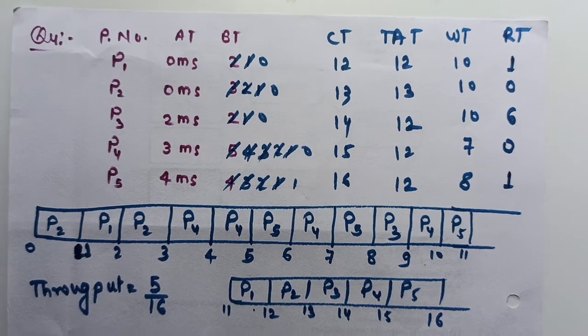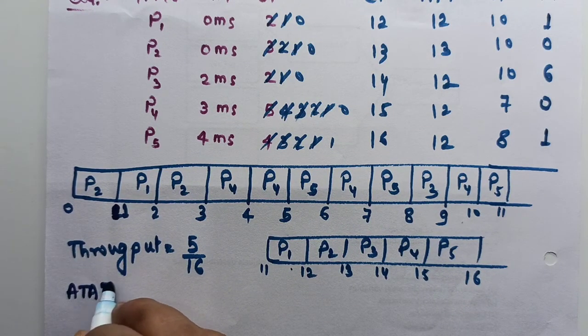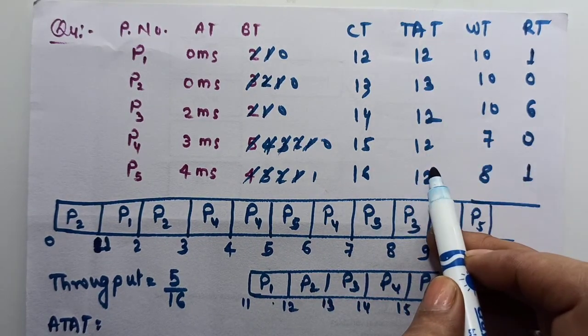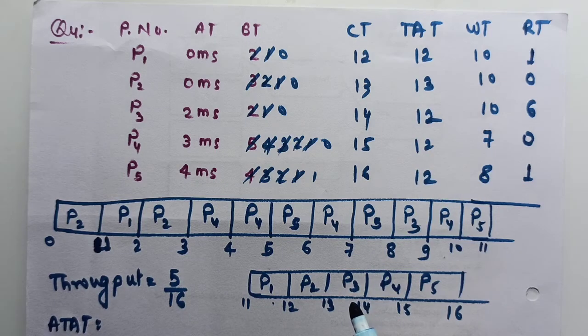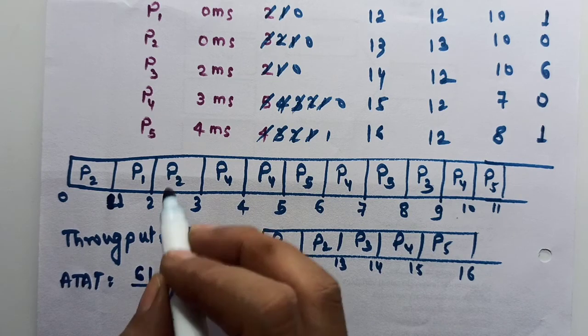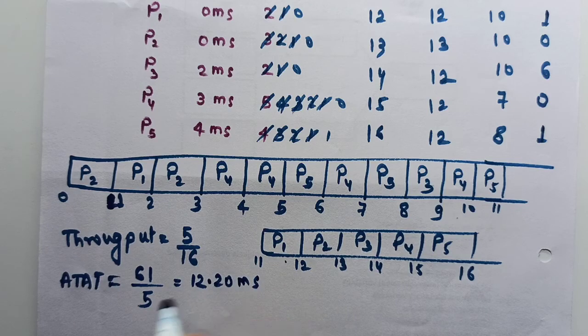If we want to calculate the average turnaround time, तो इसको ऐड करिए. 12 plus 13, 12 plus 12, 48, 48 plus 13 is 61. So 61 divided by the number of processes, that is 5. It comes to 12.2 millisecond. What about average waiting time?